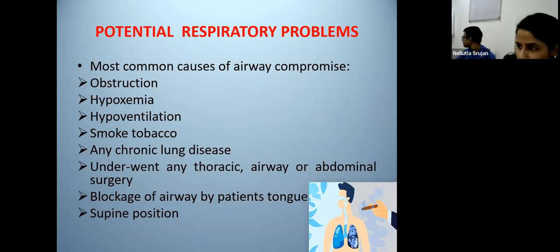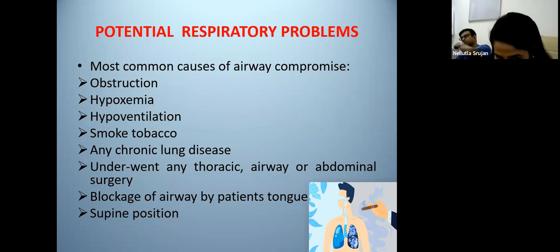That is why, whenever you observe patients being shifted from the recovery room to the ICU or to the wards, we make sure the patient is in semi-Fowler's position. When a patient lies down in the supine position, the circulation flow from head to foot doesn't happen. That is the main reason to put them in semi-Fowler's position.